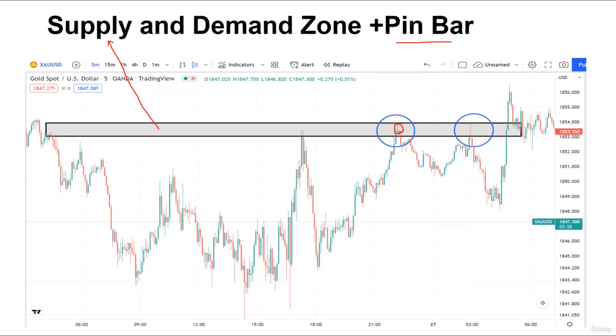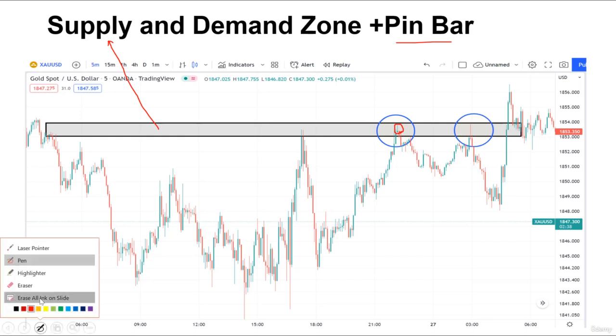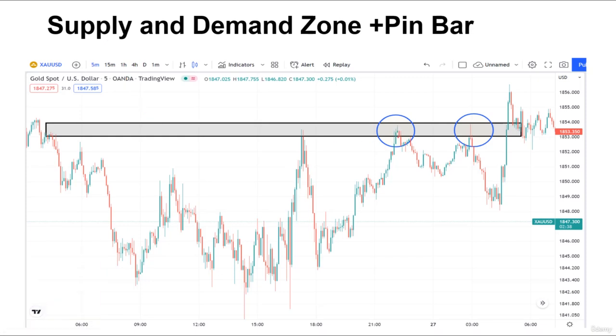And after that, if you are a risk taker, you can easily open your position after the pin bar. If you are a risk avoider, you can wait for another candle, which could be, for example, bearish.